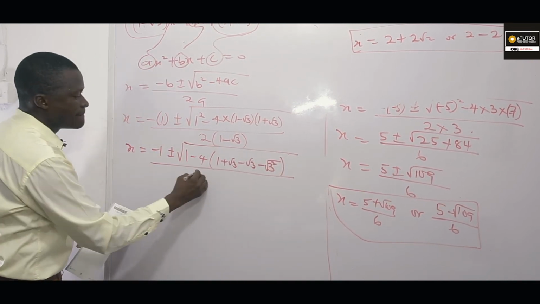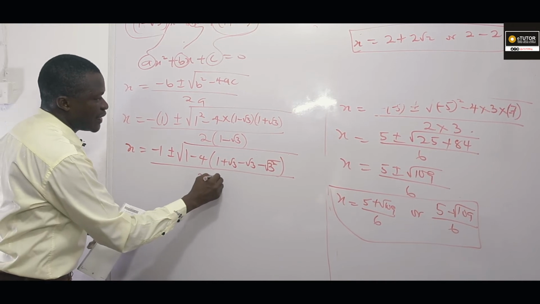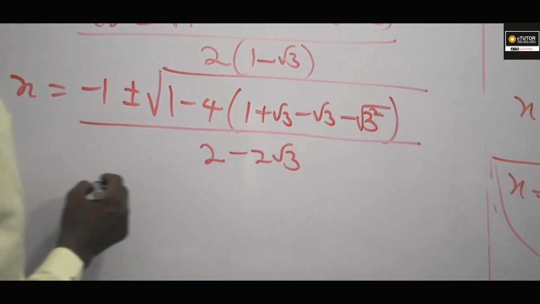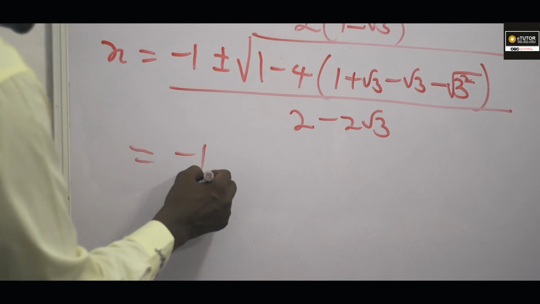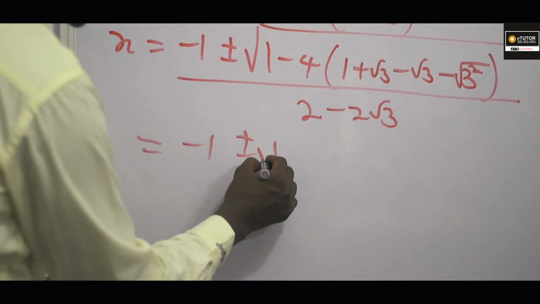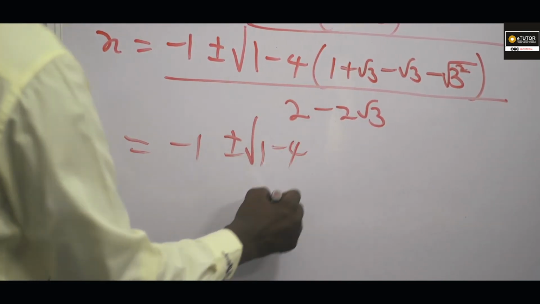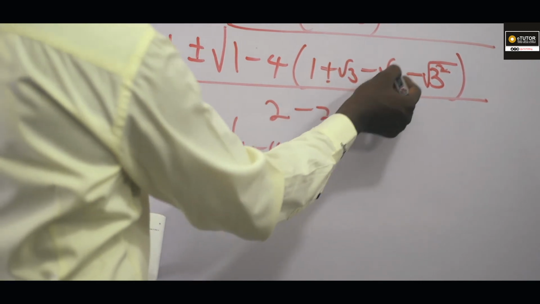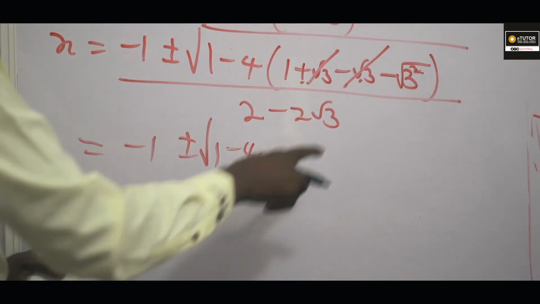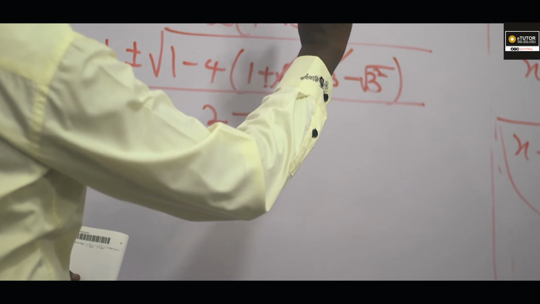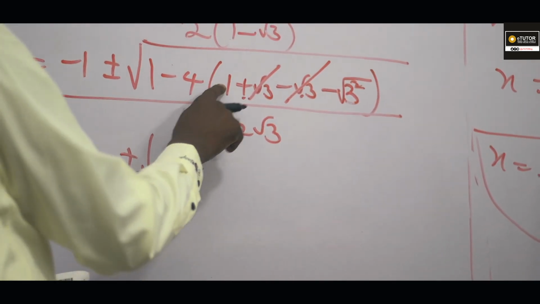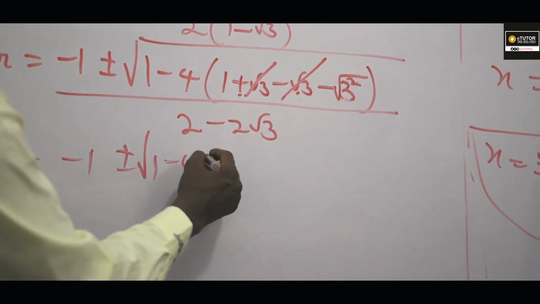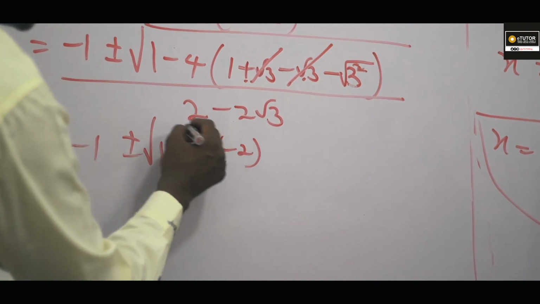Let's complete it. Minus 1 plus or minus the square root of 1, minus 4 times (1 plus root 3 minus root 3 minus 3). The root 3 terms cancel, and this one automatically becomes ordinary 3. So we have 1 minus 3, that gives us minus 2.